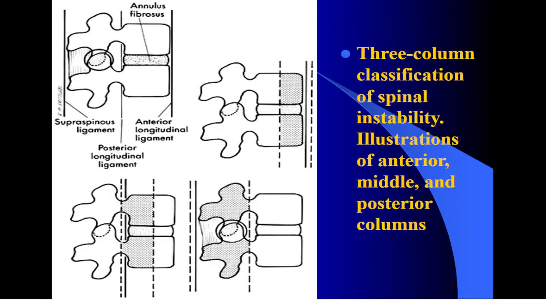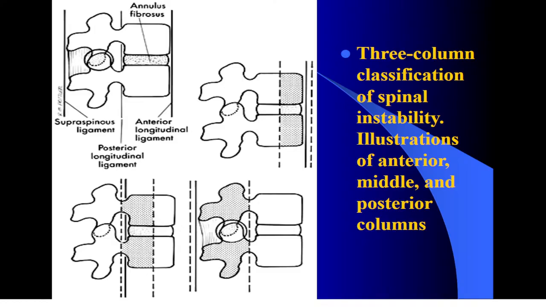For example, he found out that axial compression forces, the most common forces in our spine, are in general absorbed by the vertebral bodies and intervertebral disc, and only 20% of those forces go backward to the facet joints and ligaments of the posterior supporting complex. That's why he split the spine into anterior and posterior complex.